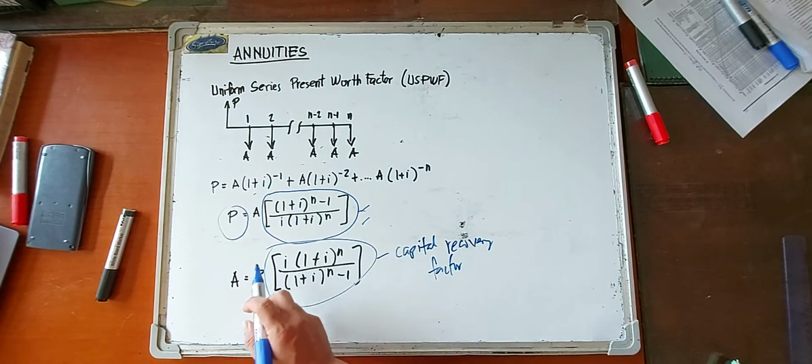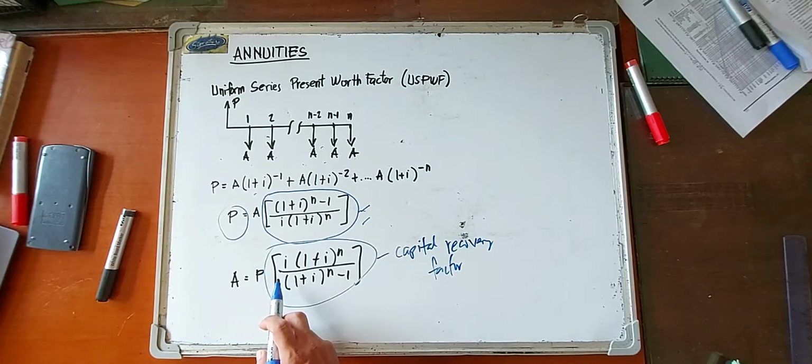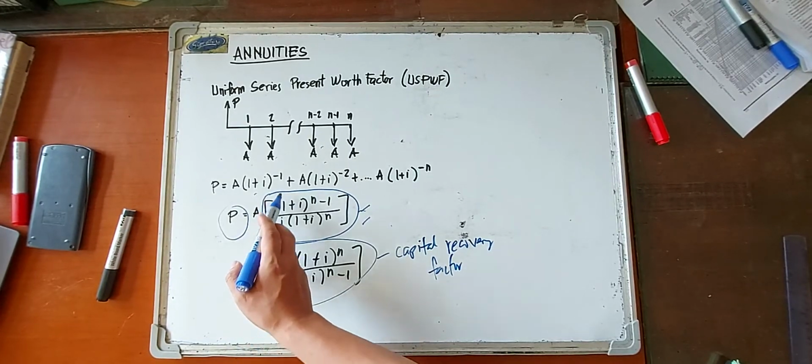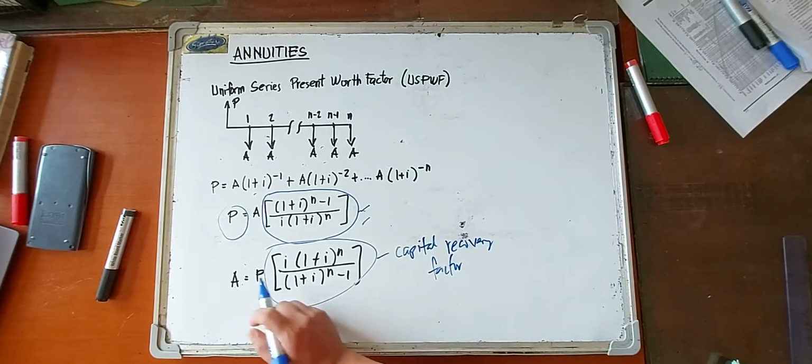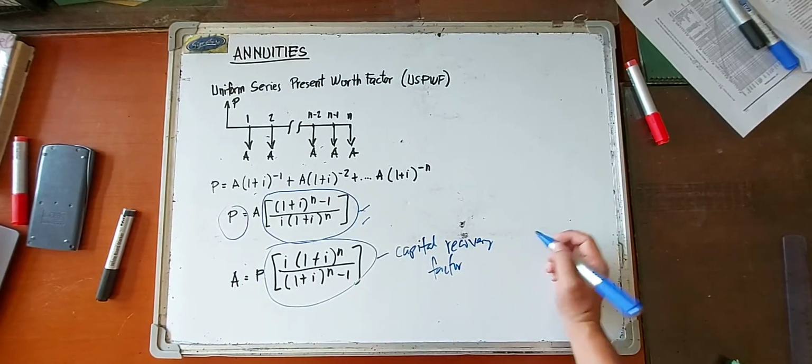Then the second condition or situation is when P is given, yung present worth, what would be the periodic payment that I will be receiving or paying, depende sa situation. You simply manipulate this equation and solve for the value of A. Okay, and that's it.